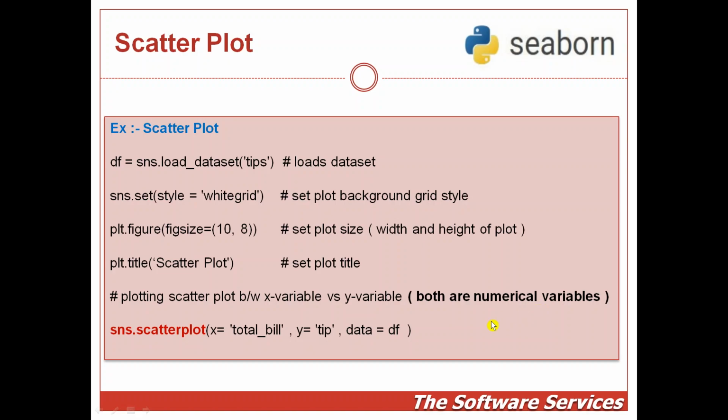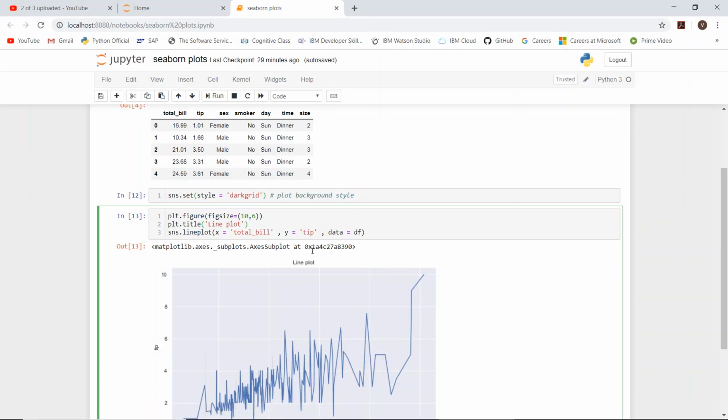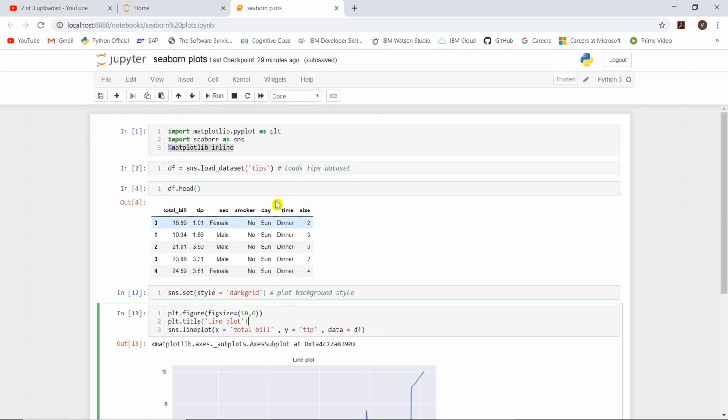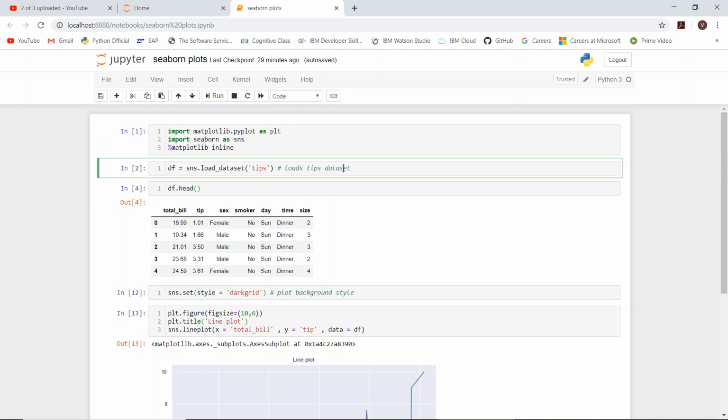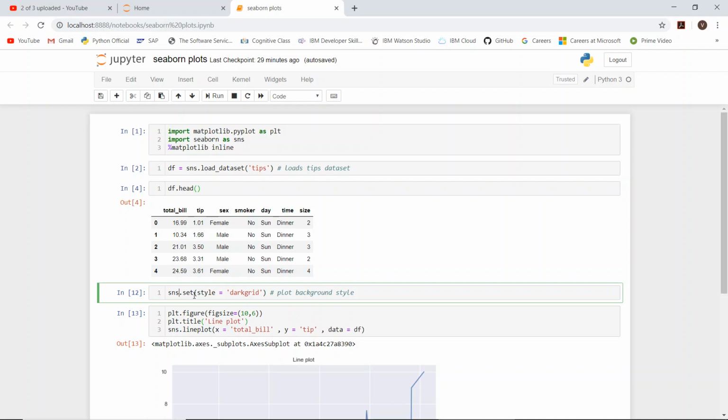Let's switch over to the Jupyter notebook and write this code. In the last class we already imported the necessary libraries. We already loaded the tips data set and the quick view we had already seen. All those things are already available. And the sns.set style, that is dark grid, we had set, and the figure size 10 on the x-axis and 6 on the y-axis.